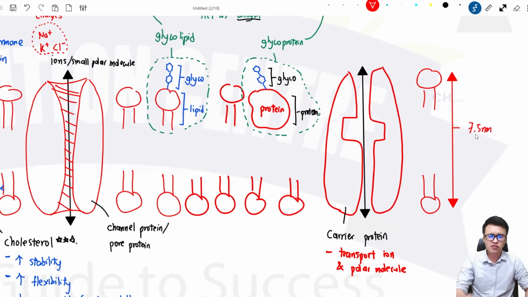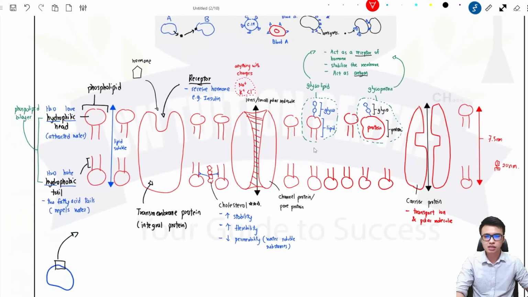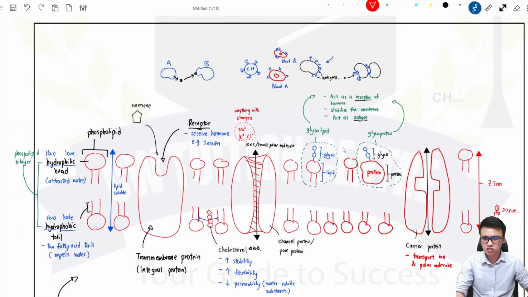If you have no idea what 7.5 nanometers means, even viruses have a size of about 20 nanometers. So you can imagine 7.5 nanometers is super thin, right? Super thin.